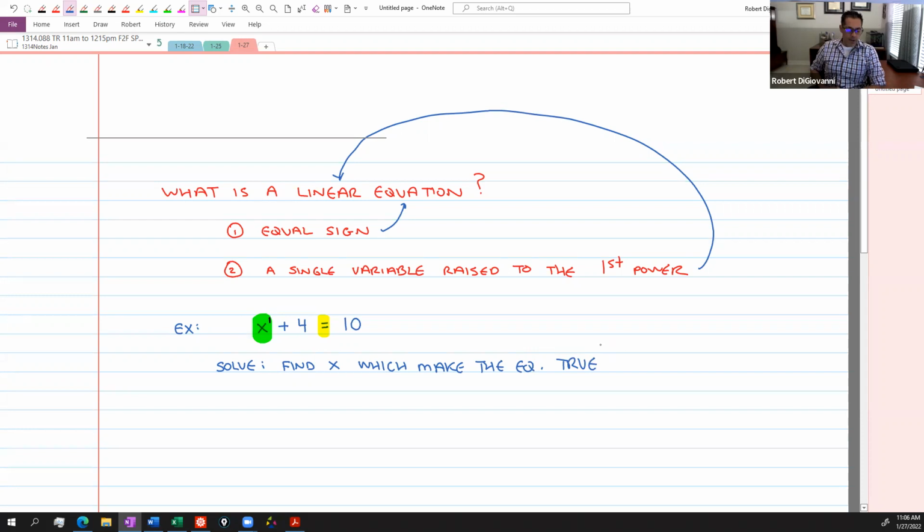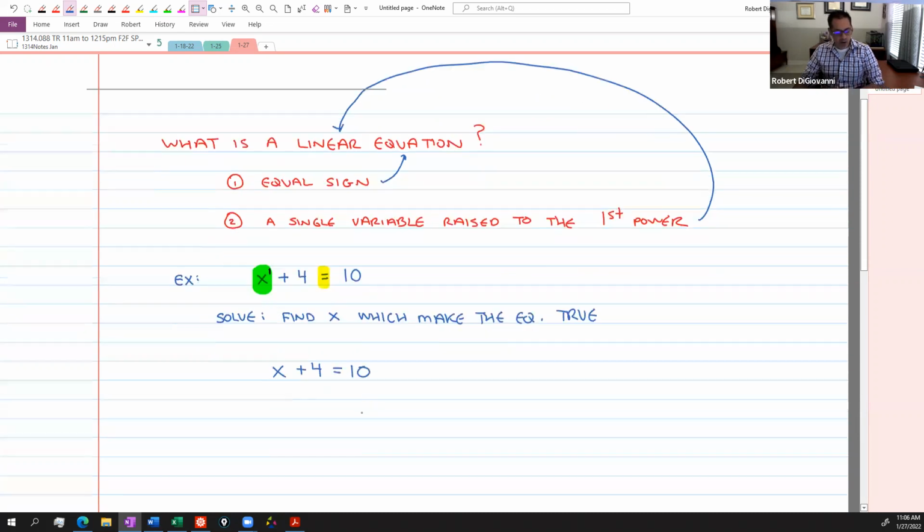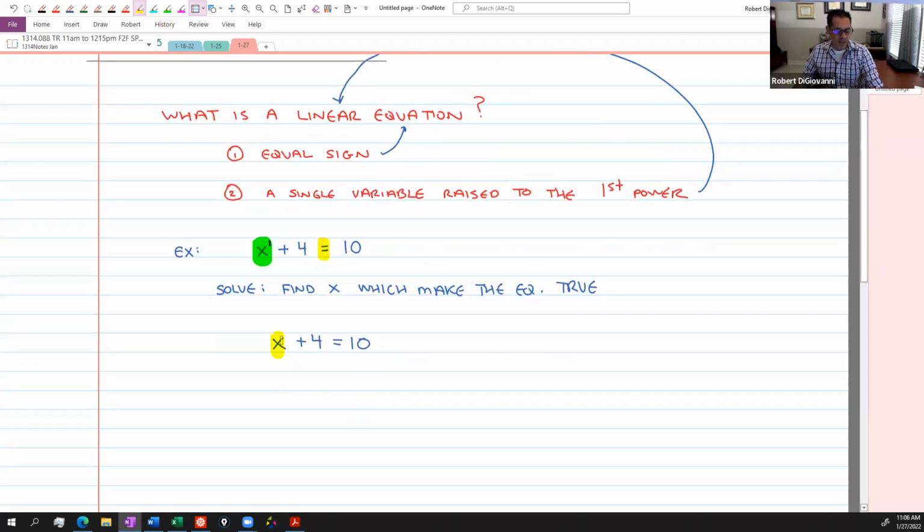Let me write the problem down again here. I'm trying to figure out what this x needs to be to make the left side of this equation equal to the right side of the equation. You can actually solve this probably by just looking at it. What number plus 4 gives you 10?